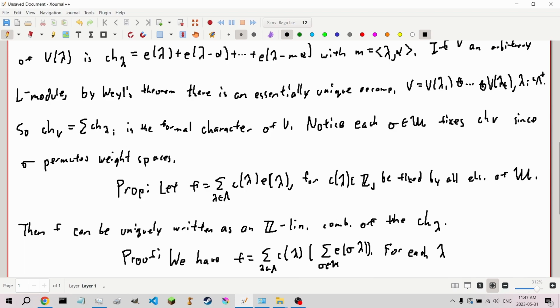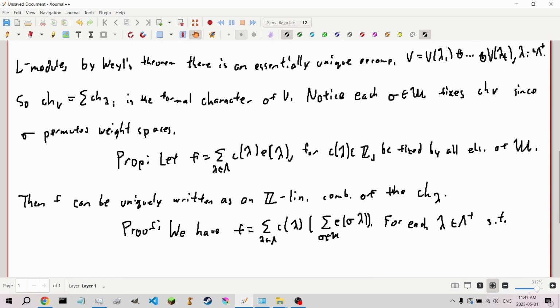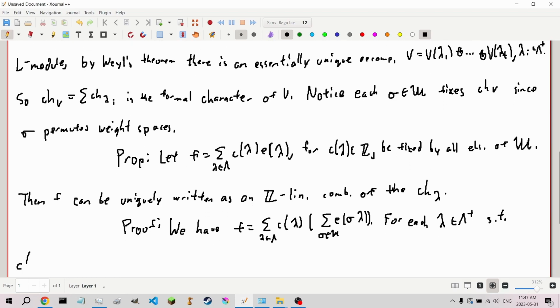For each lambda in lambda plus such that the size of lambda is non-zero, the set of dominant integral linear functions less than our lambda is finite.